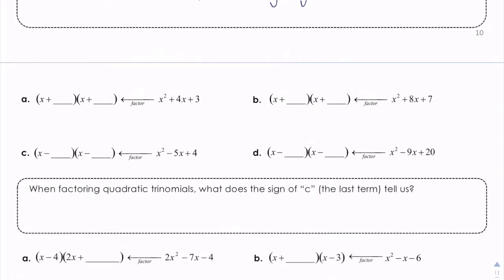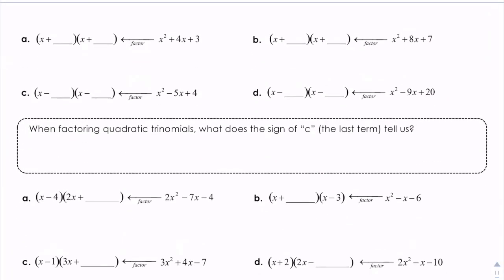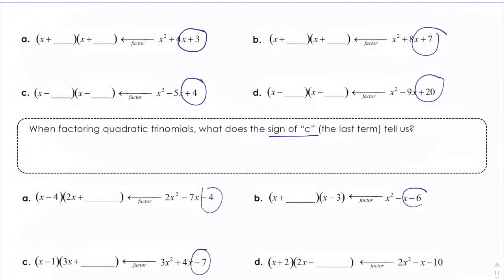One other quick thing to note. There's one other rule that we need to know. Take a look at the signs of these last terms. We're calling the last term C. Notice whether the signs are positive versus whether the signs are negative. The sign of the last term gives us a big hint. If the signs are positive, like they are up here, the signs of your factors will always match.